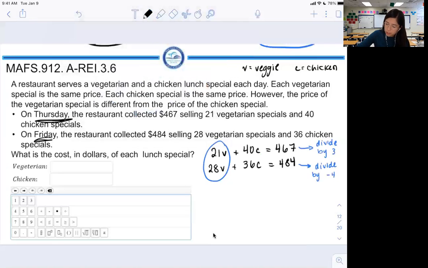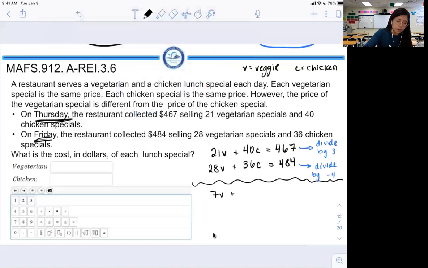So the top equation, I'm going to divide by 3. I would get 7v, and then 40 divided by 3 is not going to be a whole number. That's okay, because we're talking about money. So it's okay if it's a fraction or a decimal.